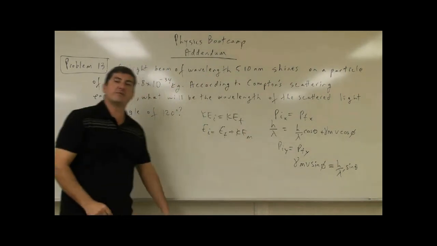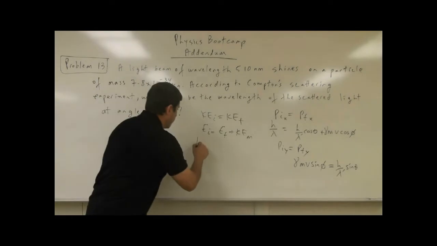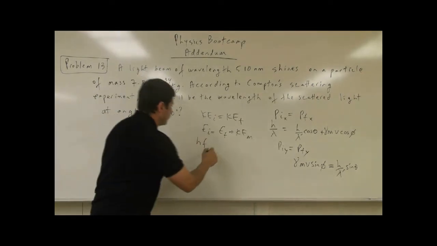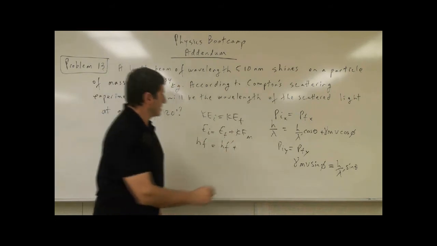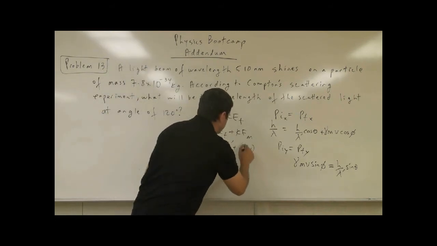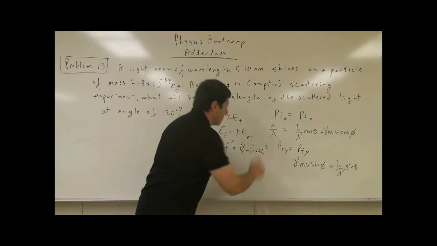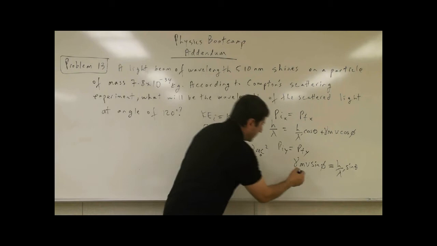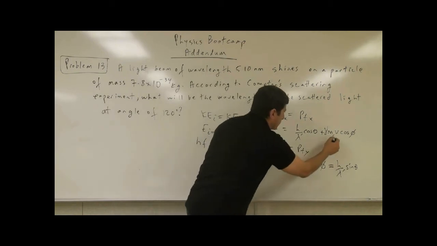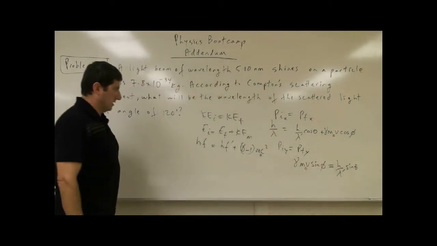The energy of a beam of light is equal to h times the frequency, the final frequency f prime, and then the kinetic energy of the mass, gamma minus 1 mc squared. To be more specific, we can put m0 here.